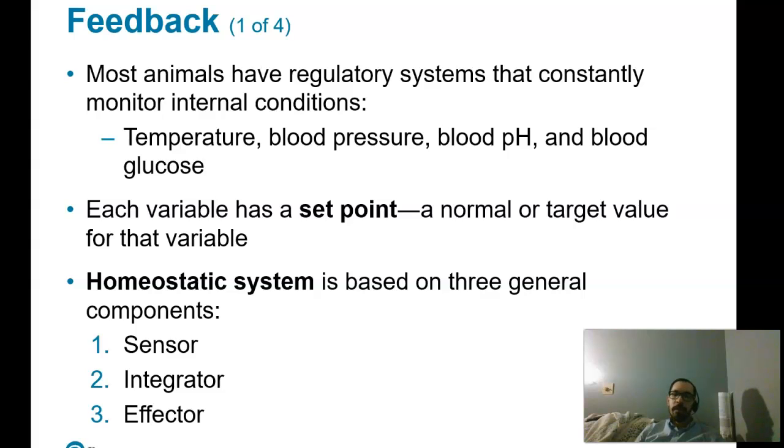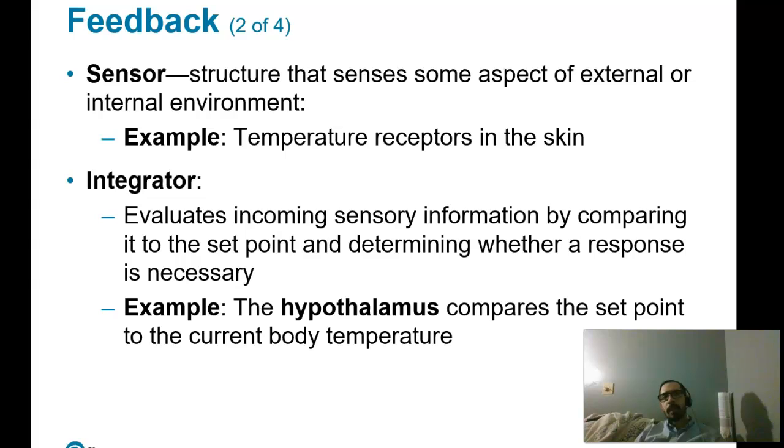And then a homeostatic system is based on three general components. There's the sensor, right? The integrator and the effector. The sensor is the structure that senses some aspect of the external or internal environment, like for example, the temperature receptors on the skin.